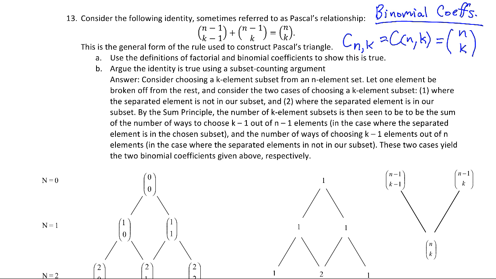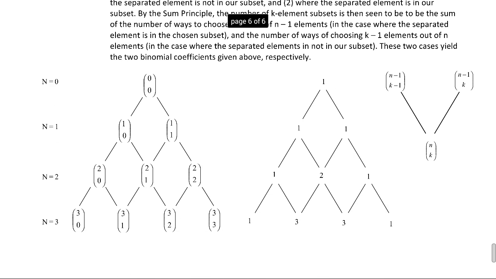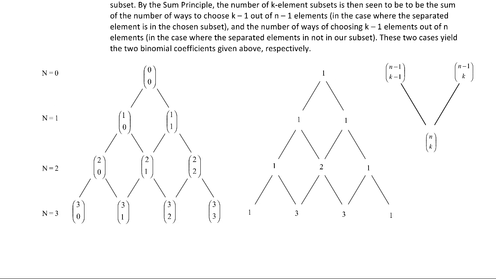And first, let me just give a little bit of background and remind you of Pascal's triangle. This is C(0,0), C(1,0), C(1,1), etc. These are the binomial coefficients, and we found that they had values which, in any particular row, when you summed them, was equal to 2 raised to the power of n.